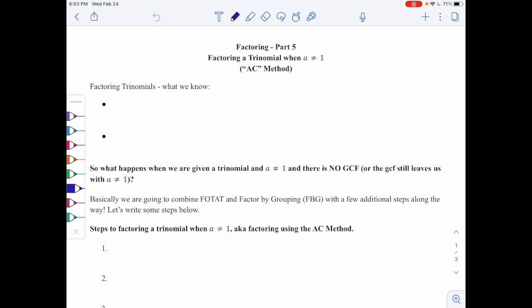But before we do that, let's recap what we know about factoring trinomials in general. So basically, all we really know so far is when we have a trinomial with A equal to 1, so that would look like x squared plus bx plus c, we use FOTAT to factor it.